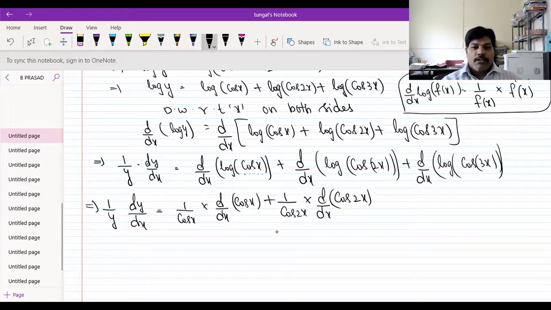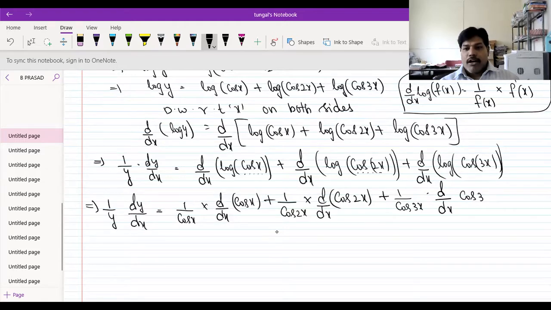Why? Because it is in the form of log f of x, 1 by f of x into f dash of x. Similarly, you can differentiate this function also. This is nothing but 1 by cos 3x into the derivative of cos 3x.